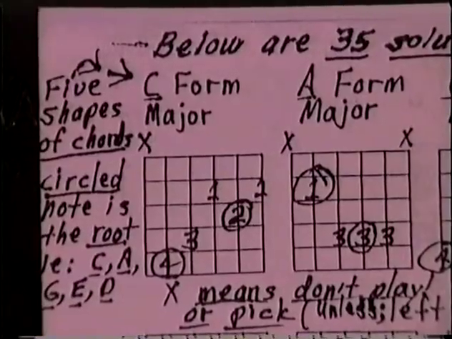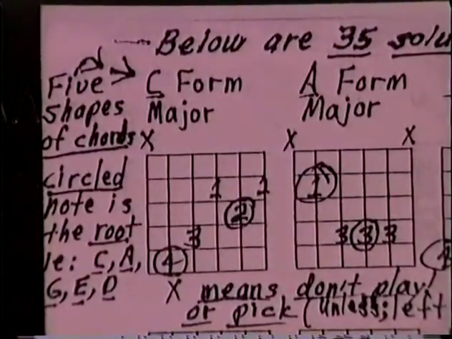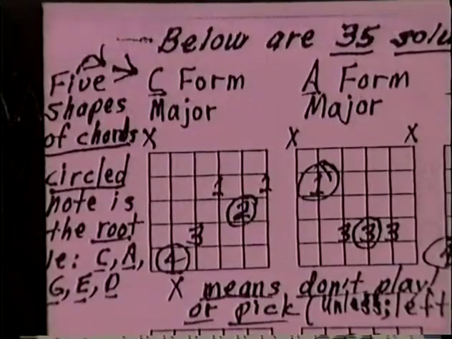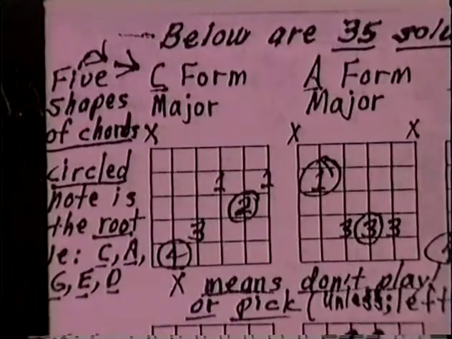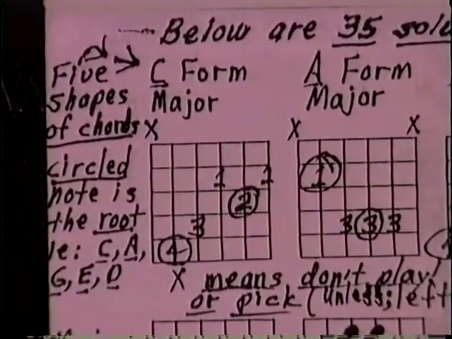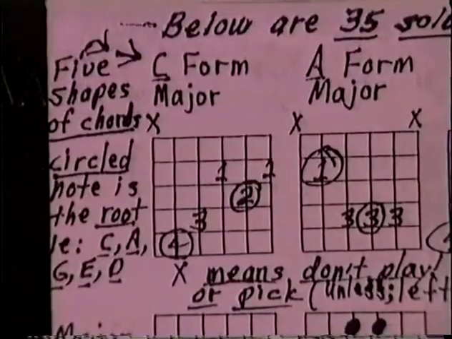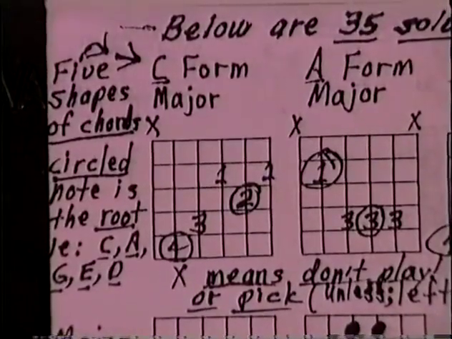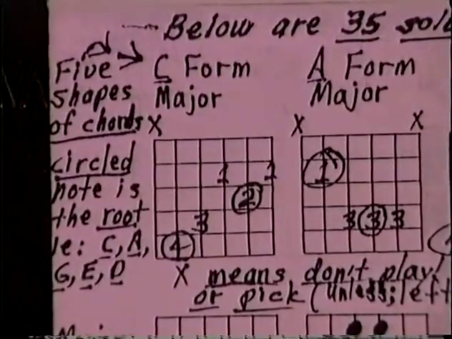Okay, what we have here are the 5 chord shapes around which all the scales that you'll be using are also centered. So the first thing that happens here, for instance, in the key of C, is that chord, C form, is at the very end of the neck. It's really an open position, so the 2 1s are actually zeros.